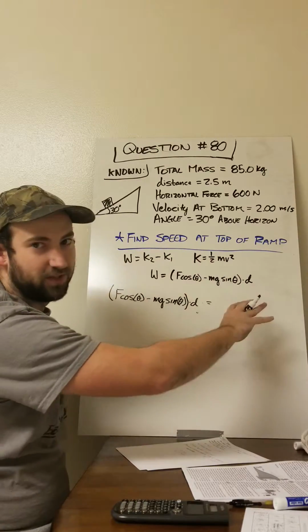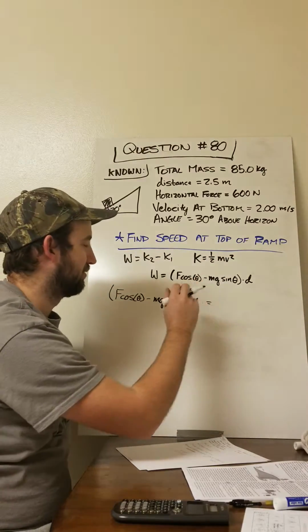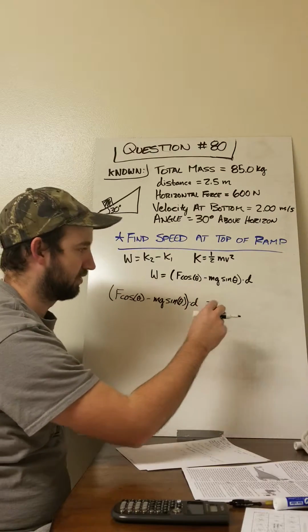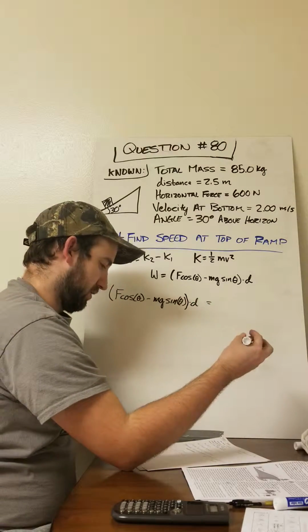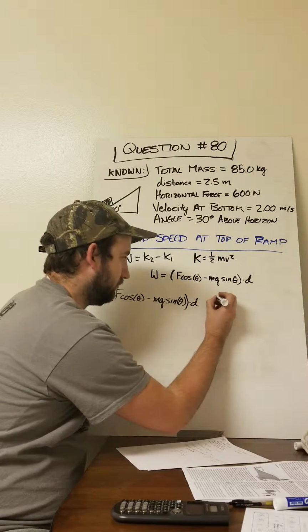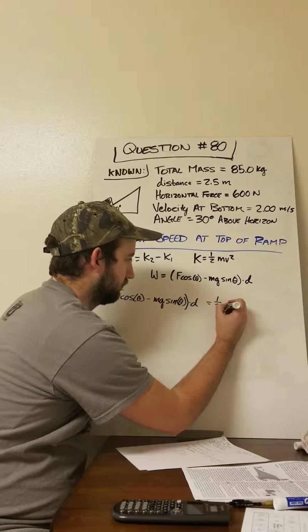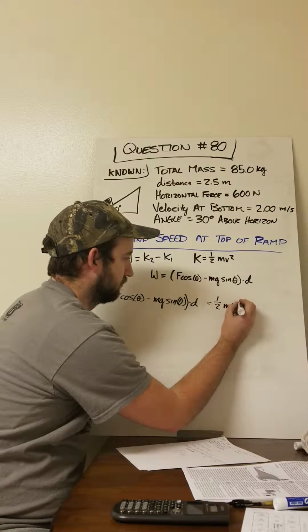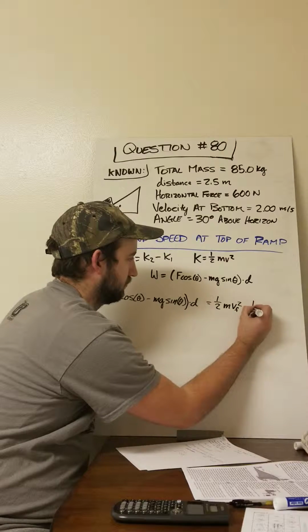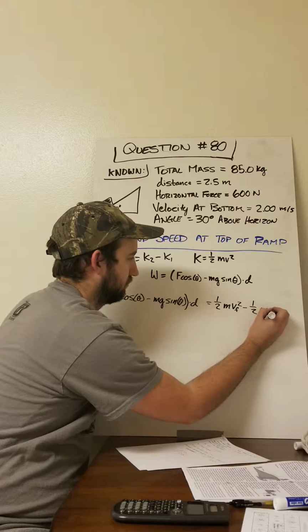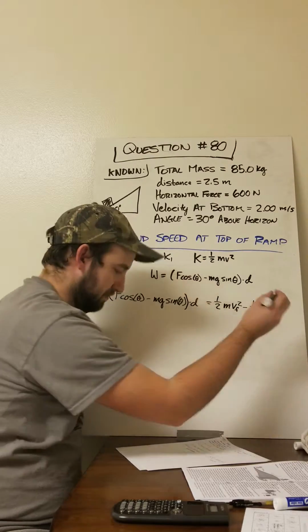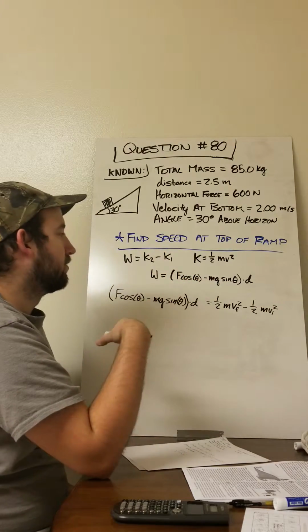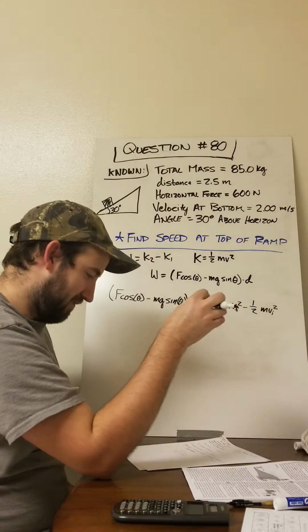So really it's all of these combined together. So that's why I wrote them out beforehand, just because it's a lot of equations. Okay, so we have our really long equation now.